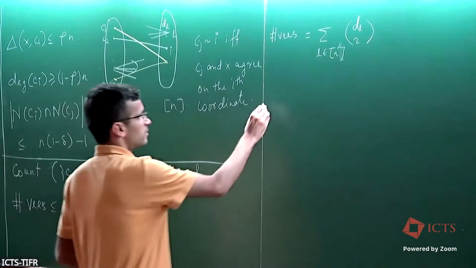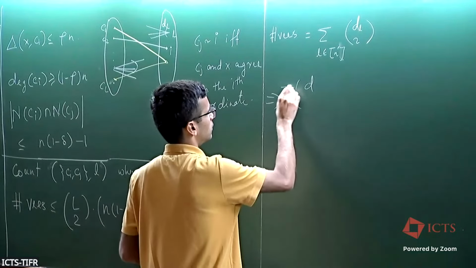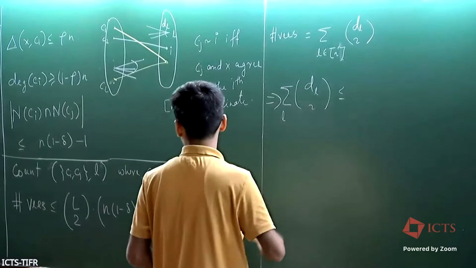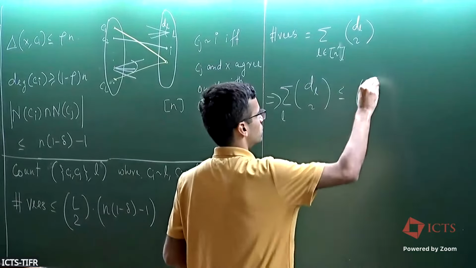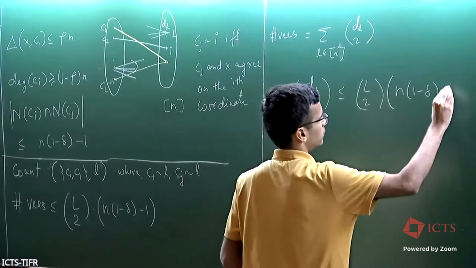If we compare these two things, we get that the sum over L of d_L choose 2 is at most L choose 2 times n times 1 minus delta minus 1.